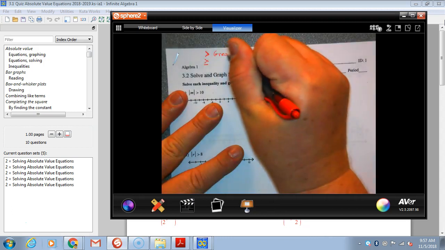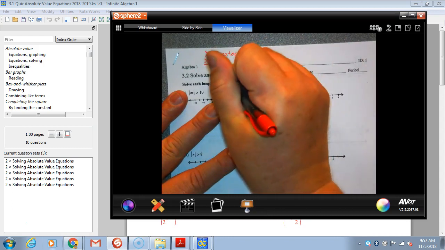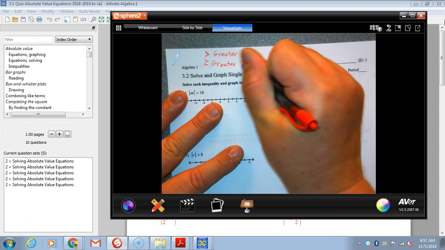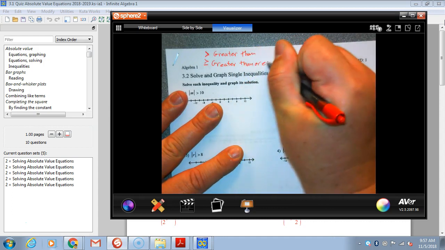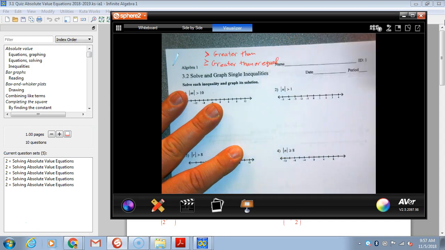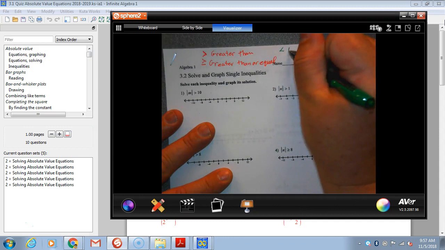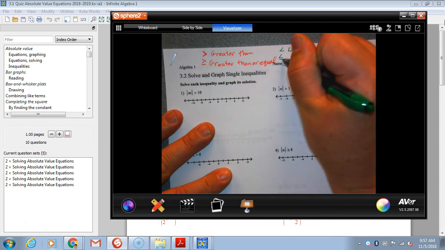This one is greater than or equal to. Then we have less than, and less than or equal to.